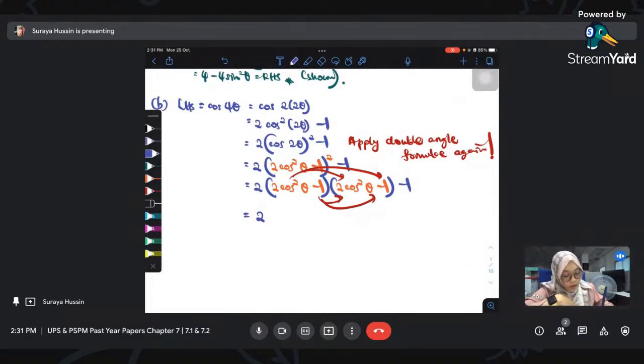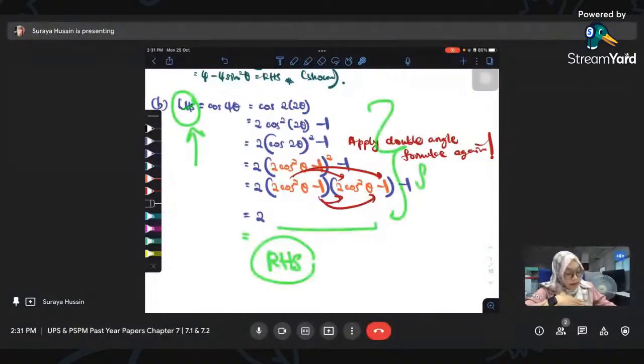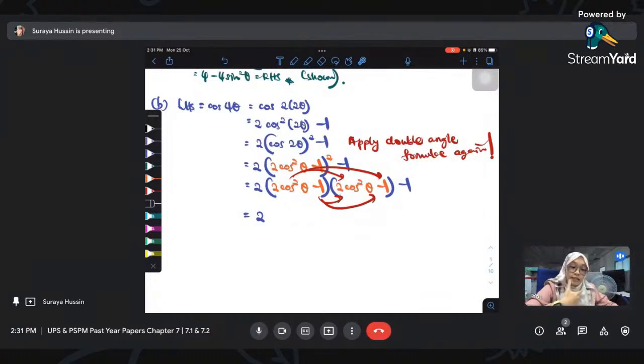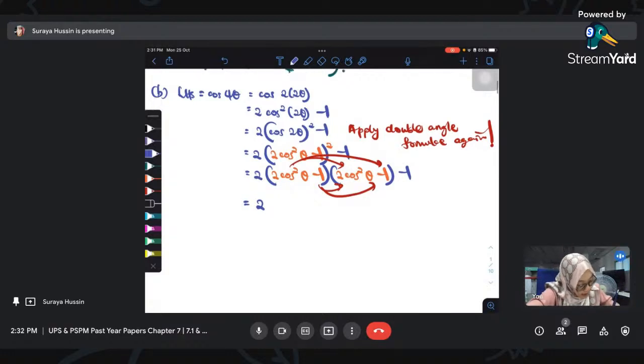Walaupun sini you start dengan left hand side kan, you mesti aiming of getting right hand side somewhere in between. You kena pandai fikir dan imagine lah. I know proving is not that easy, lagi-lagi PSPM, but you just got to encounter a lot of proving punya soalan, barulah you boleh confident sedikit.